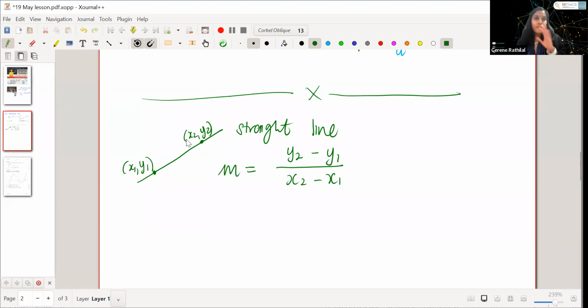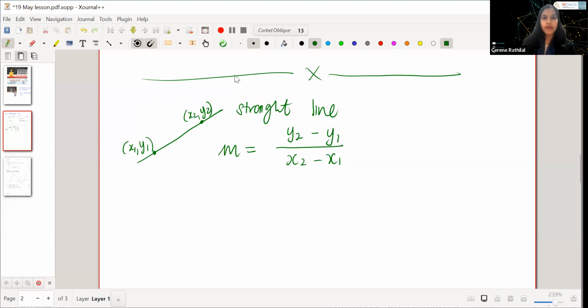And regardless of which 2 points we pick from this line, the gradient we calculate remains the same, because those points came from this line that we see here. So I'm sure everybody agrees with me up to that point.